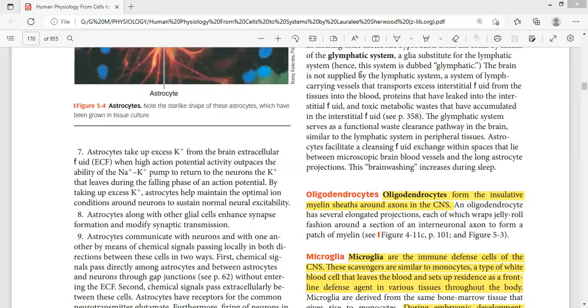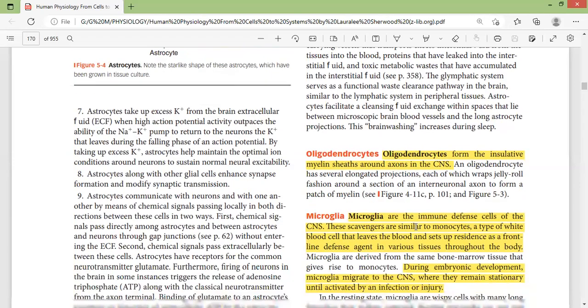So oligodendrocytes in the CNS form the myelin sheath around the axons. The Schwann cells in the peripheral nervous system also form the myelin sheath around the axons. So they do the same job, only that oligodendrocytes are in the CNS and Schwann cells are in the PNS.